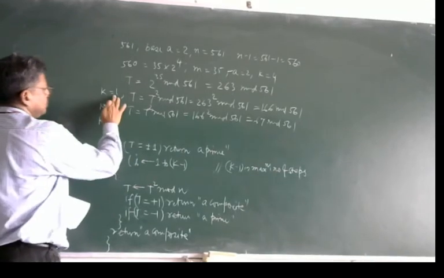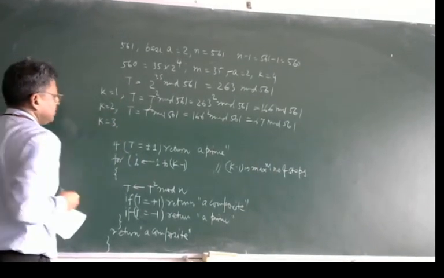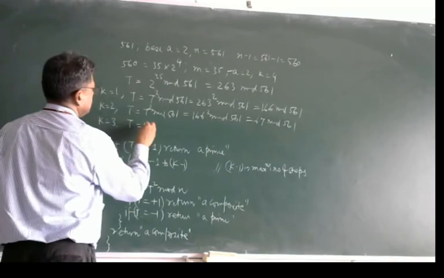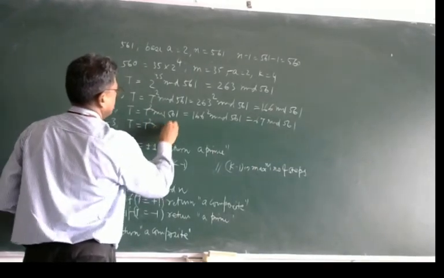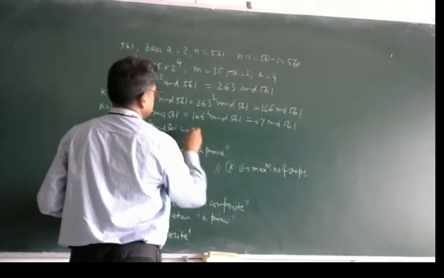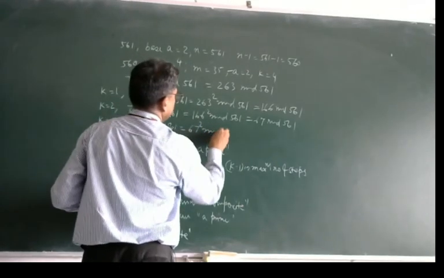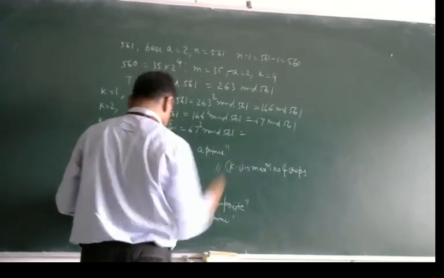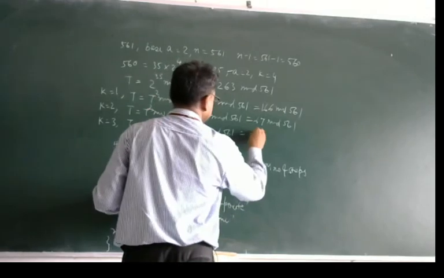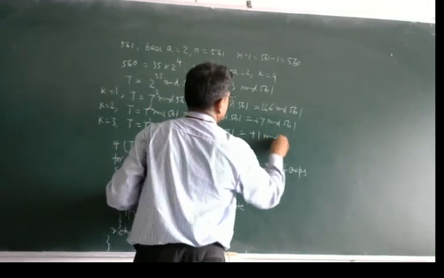Now we have to go for the third step, because it will start from the i value 1, then 2, and the last step will be i is equal to 3. So t will be equal to t square mod 561, and this t square is nothing but 67 square mod 561, and that is coming around plus 1 mod 561.